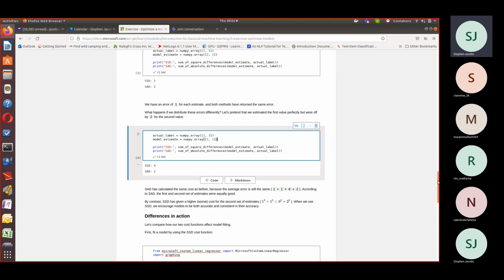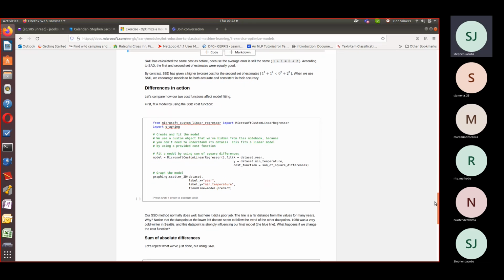So as it says here, the SAD has calculated the same cost as before because the average error is still the same. 1 plus 1 is equal to 0 plus 2. According to the SAD, the first and the second set of estimates were equally good. By contrast, the SSD has given a higher, worse cost for the second set of estimates because we're dealing with squareds here. We started off with a 1 and we ended up with a 4.